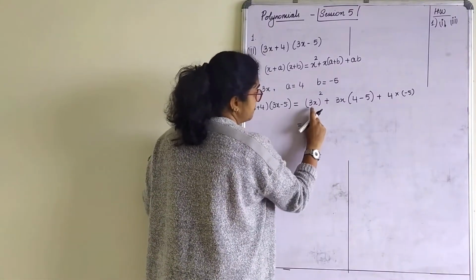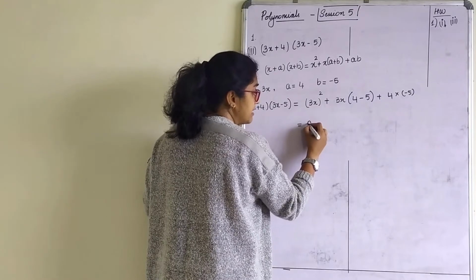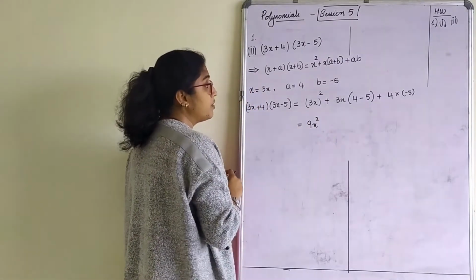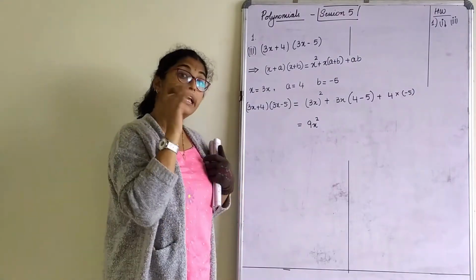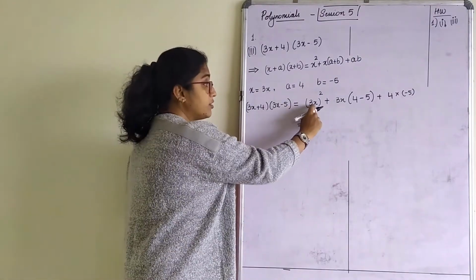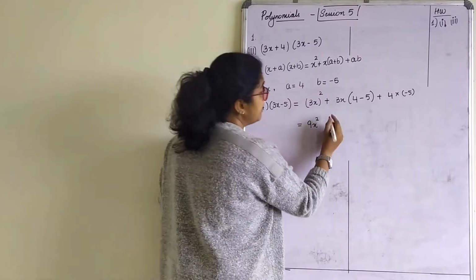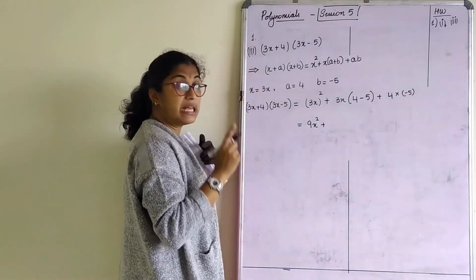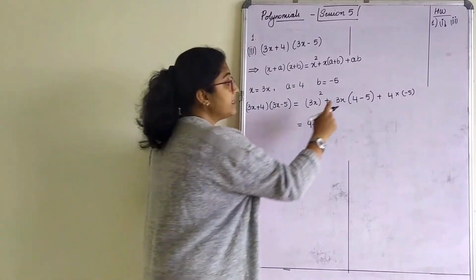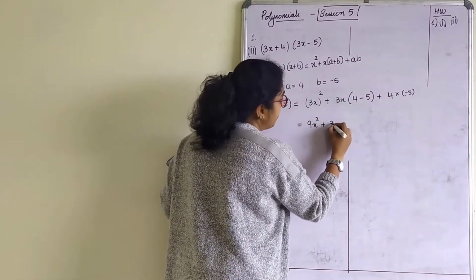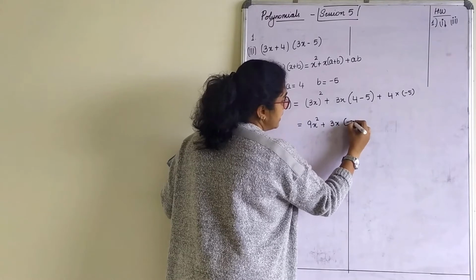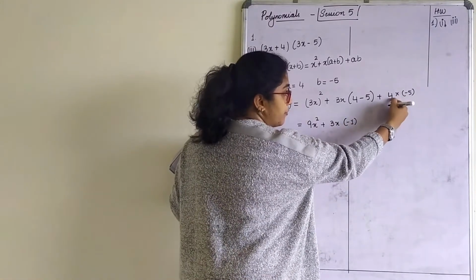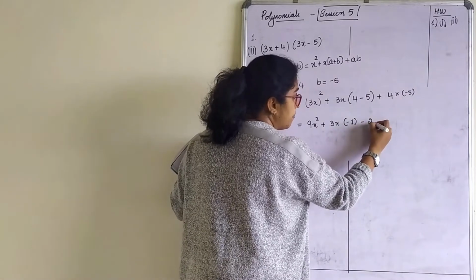Find out the answer. (3x) whole square: 3 square is 9, x is x square. Most of you will write 3x square, but the square is for 3 as well as for x. Then plus, 4 minus 5 is minus 1, minus 1 into 3x. Then 4 into minus 5 is minus 20.